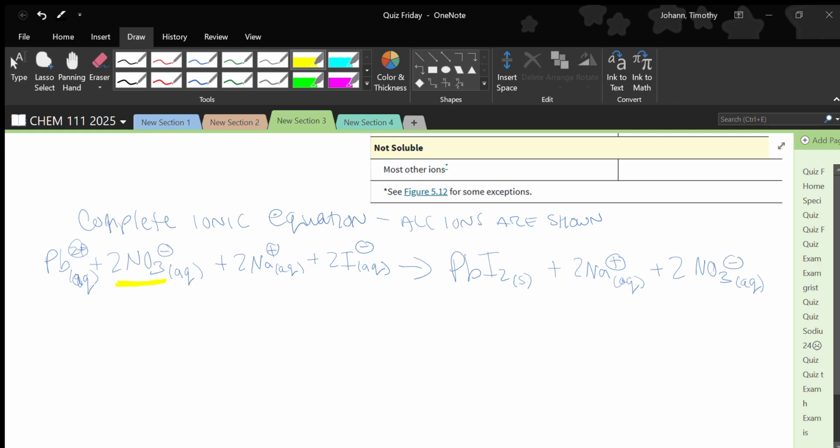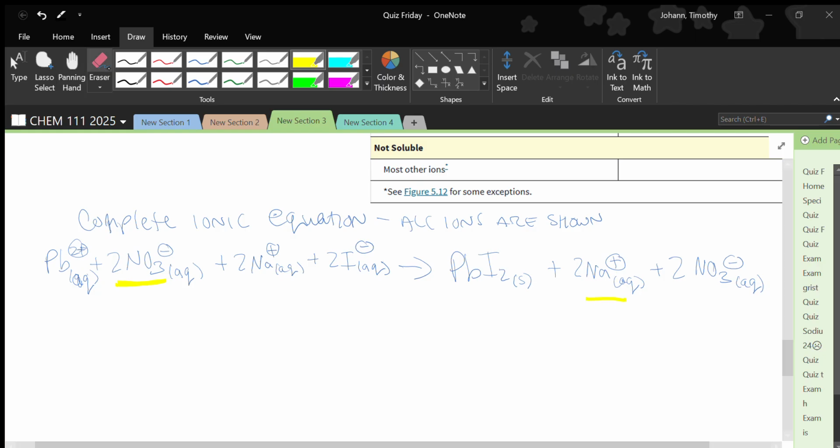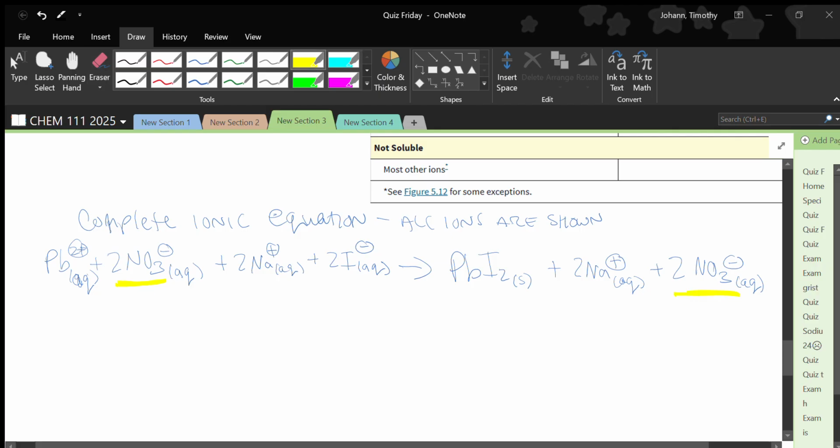There's a nitrate on the other side, right? Exactly the same. I've got 2 nitrates and 2 nitrates, exactly the same. Okay, do you see anything else that's like that? The sodium, right. 2 sodiums, 2 sodiums, exactly the same on both sides.